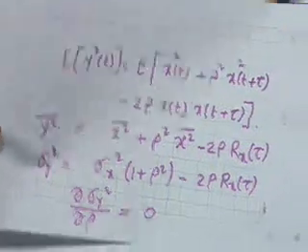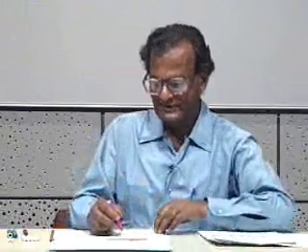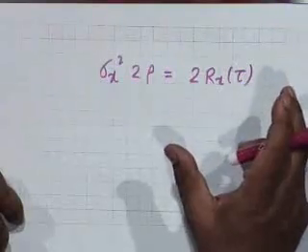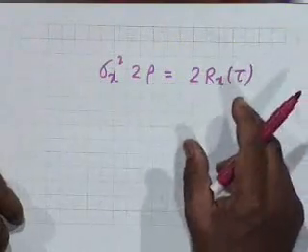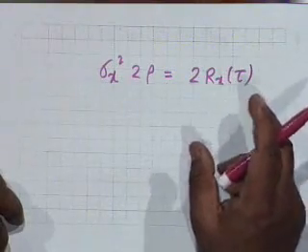If I do that, what I get is the following: sigma x squared times twice rho shall be equal to 2 Rx of tau. This is the condition that minimizes, well, actually it could maximize or minimize. You have to take the second derivative and find out the sign.